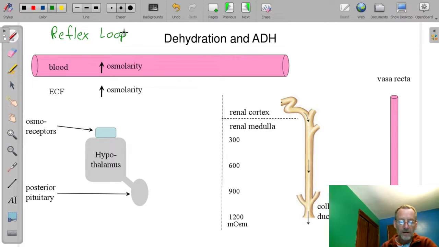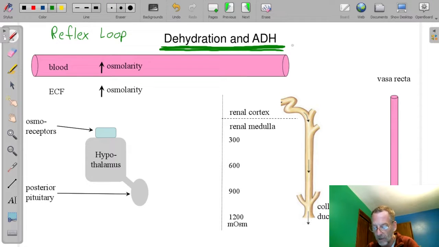This is about dehydration, and antidiuretic hormone and how it works to fix the stress.